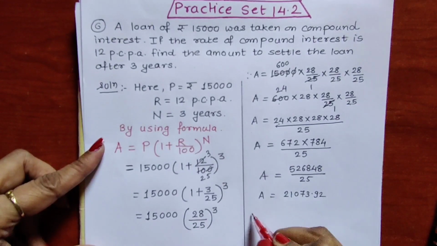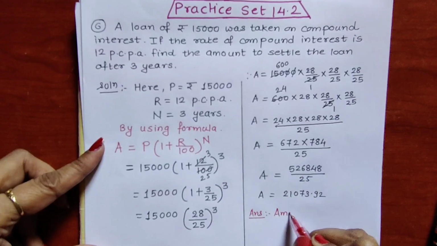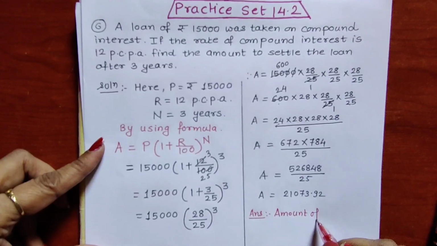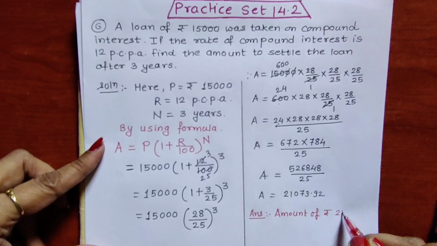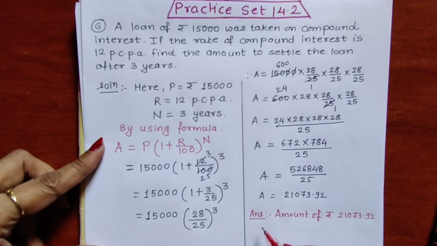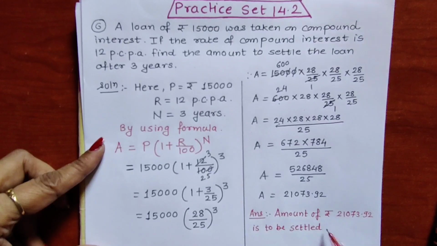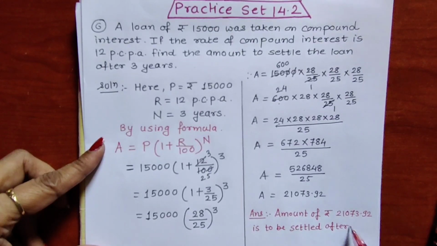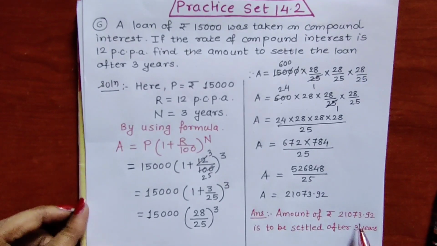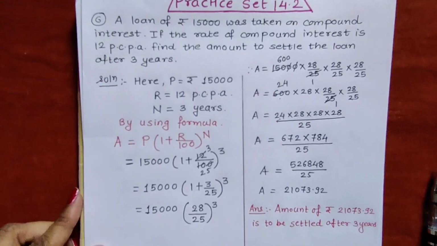Therefore the answer statement we can write as: amount of rupees 21,073.92 is to be settled after 3 years.